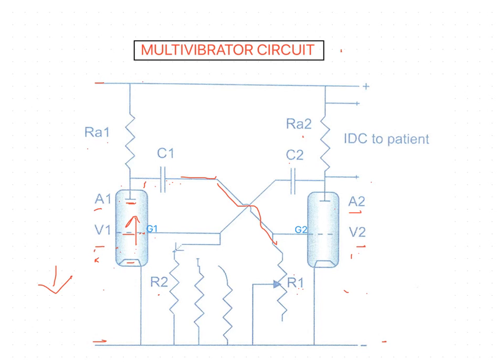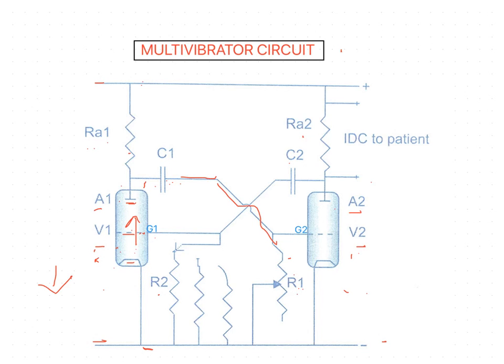In accordance with the principles of resistances which are connected in series, the potential drop between the supply lines is divided between V1 and RA1 in direct proportion to their resistance.